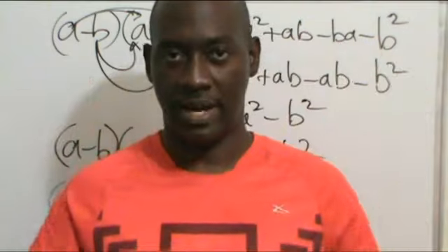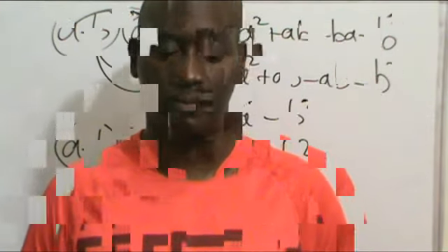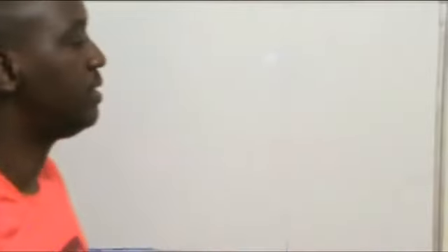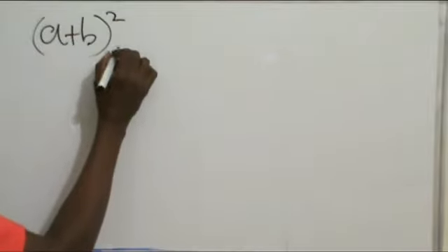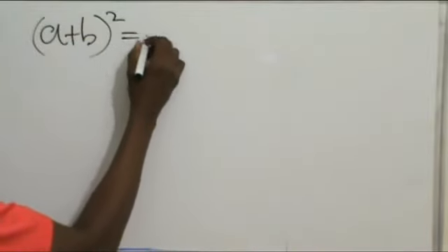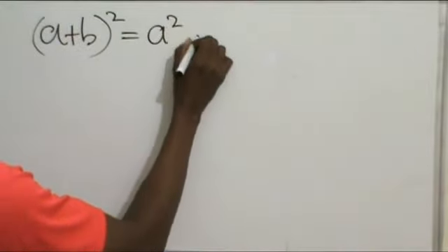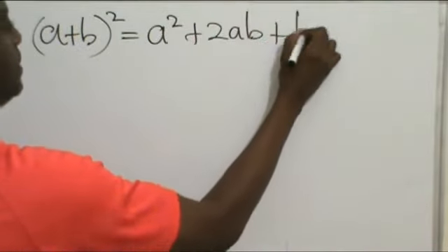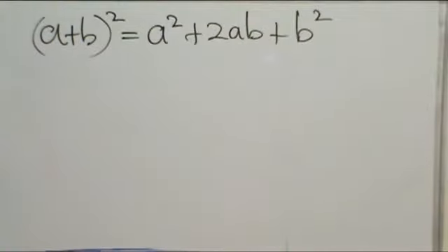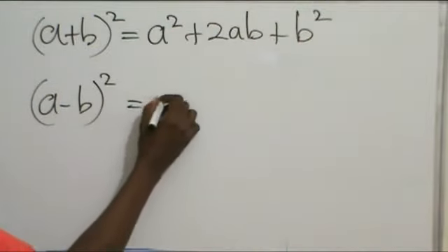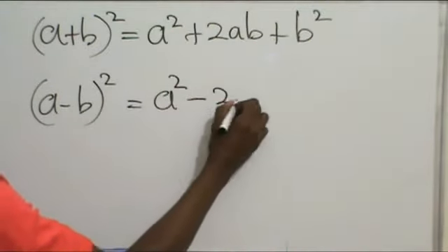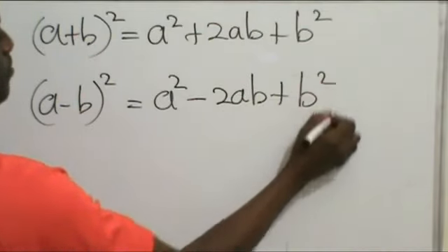Now we're going to summarize all three together. So we're going to summarize the three expansions that we just went through. The first one was that A plus B squared is equal to A squared plus 2AB plus B squared. The second one was that A minus B squared is equal to A squared minus 2AB plus B squared.